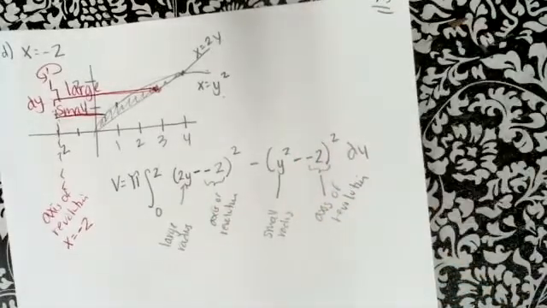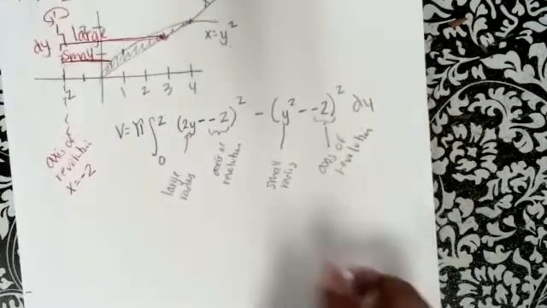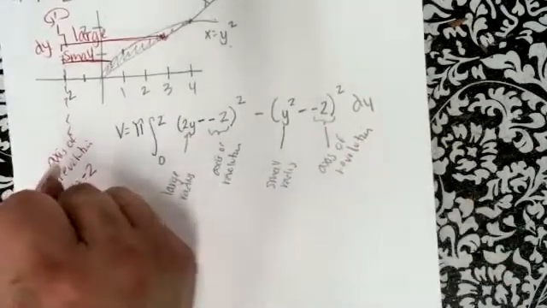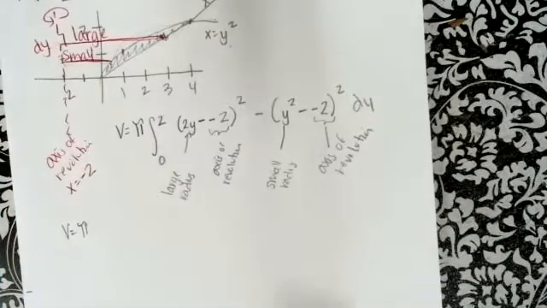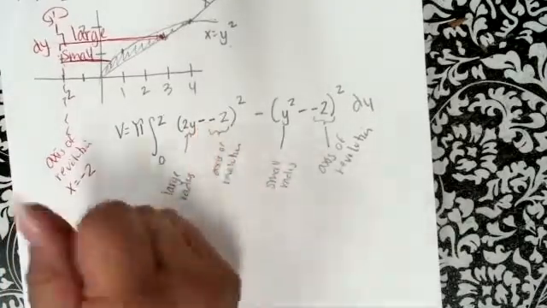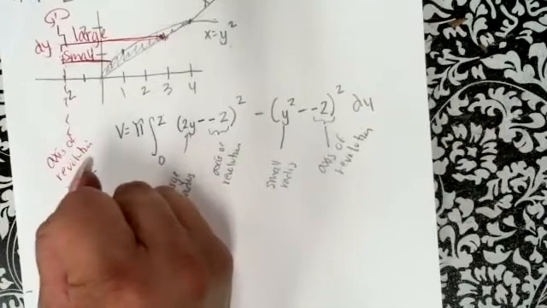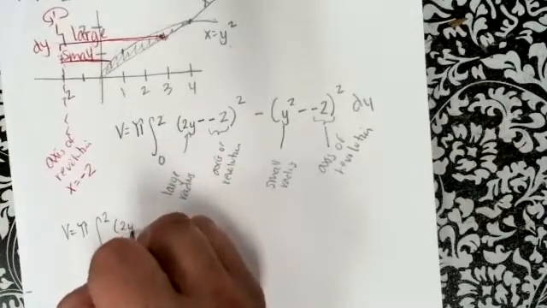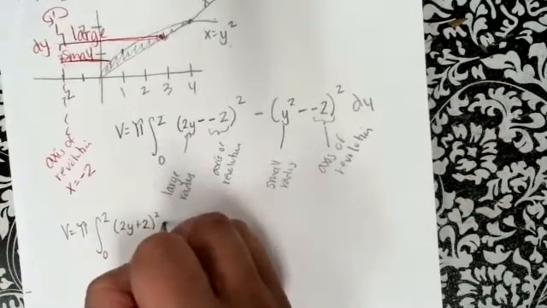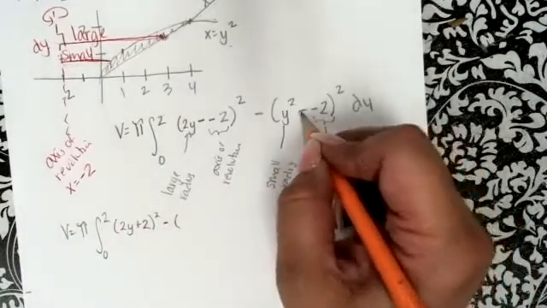Okay, the hard part's done. Now let's simplify this and do the antiderivative. So now here, that's going to be minus minus, which is a plus. So I have a 2y plus a 2 square. Here, once again, I have a plus.